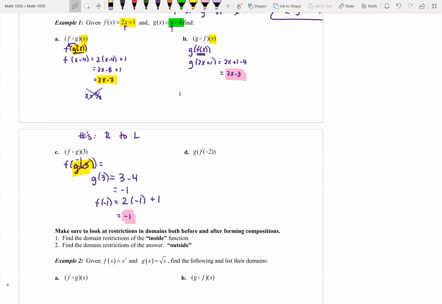He's exactly right. Did I already take g of x and put it into f of x, everybody? Yes. I did that in part A. So I could also take this guy and just put a 3 in for x. 2 times 3 is 6, 6 minus 7 is negative 1. That's easier, but I don't ever do that because I'm not going to expect you will have already done that.